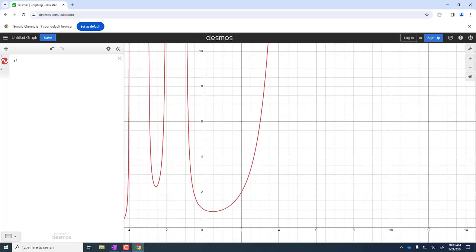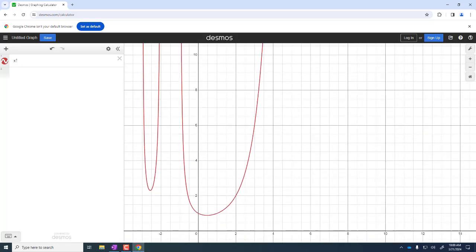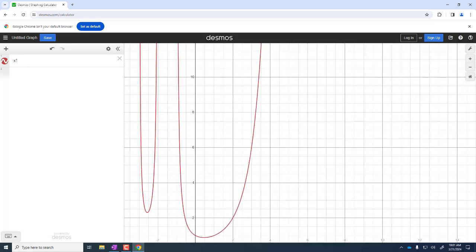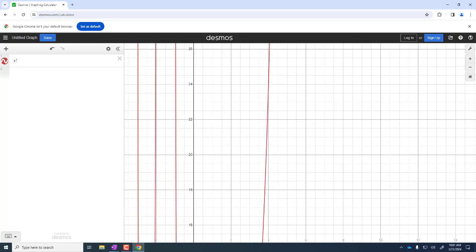If you look at all of these intersection points, 2 factorial is 2 times 1, which is 2. 3 factorial is 3 times 2 times 1, which is 6, right there. We just keep doing this multiplication, and 4 factorial is going to be 24.